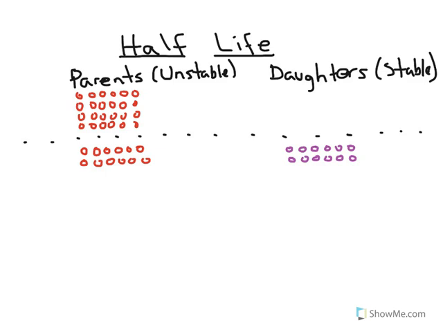So that's one half-life later. If we wait a second half-life, we're going to lose half of our 12 parents. So now we're down to 6 parent atoms, and we gain another 6 daughters.